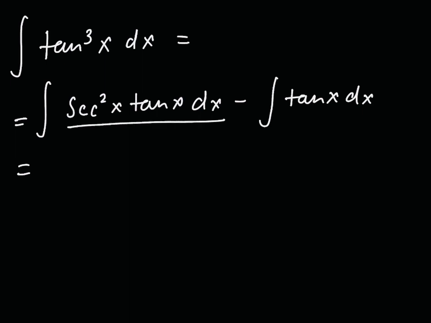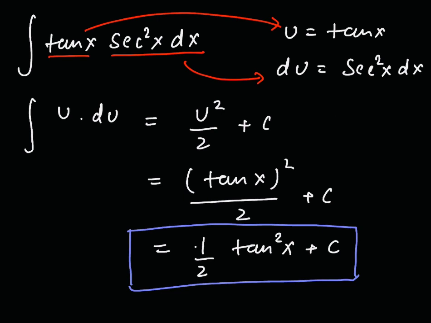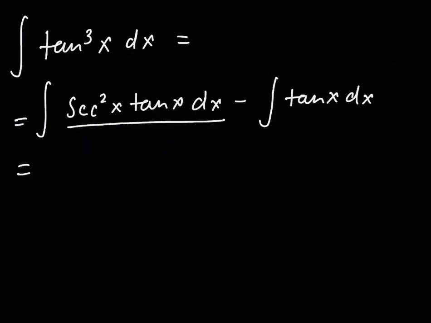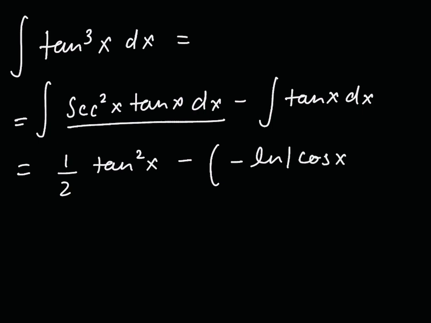So this value is going to be this one, which is half tan square x plus c. So we would place this here, so we would have half tan square x minus, that's going to be minus ln cos x plus c, where c is a constant of integration.